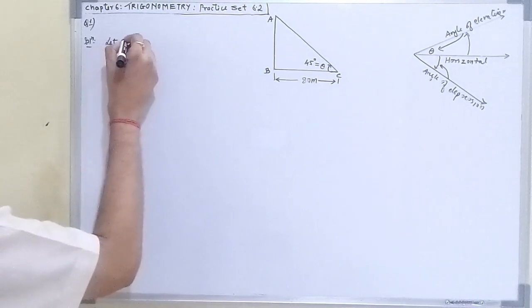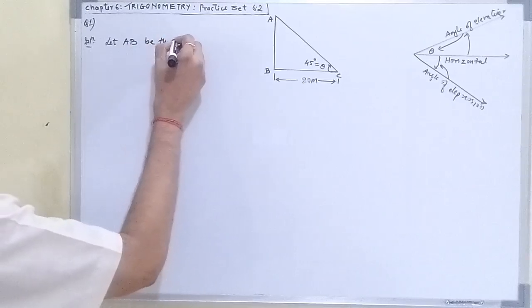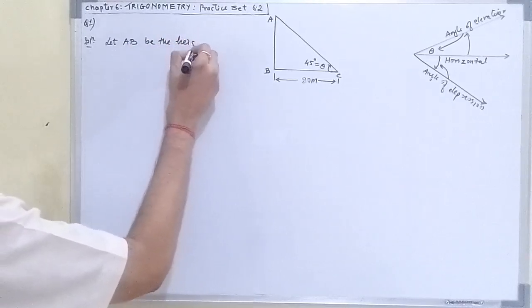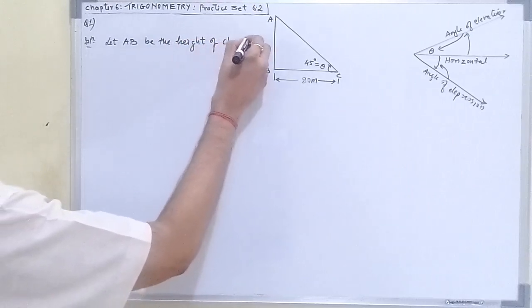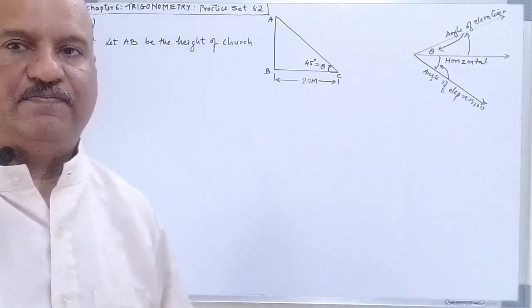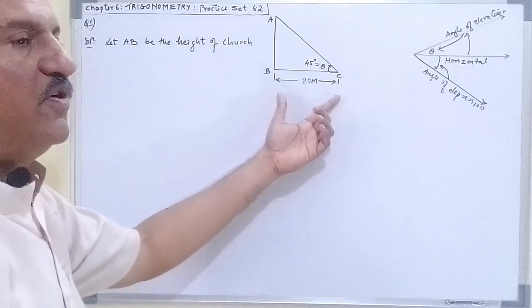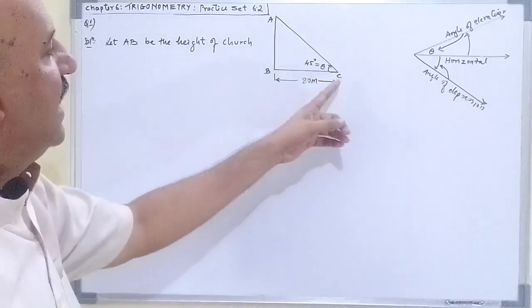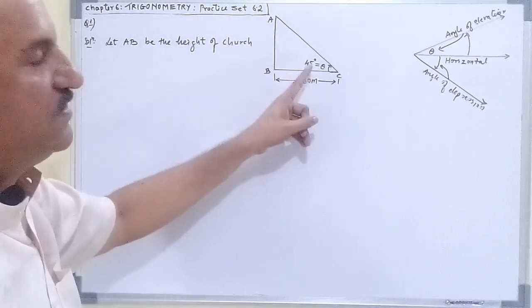Let AB be the height of the church. यही तो पूछा है, find the height of the church. A person is standing at point C, 80 meters from the church. He looks at the top of the church, and the angle of elevation is 45 degrees.